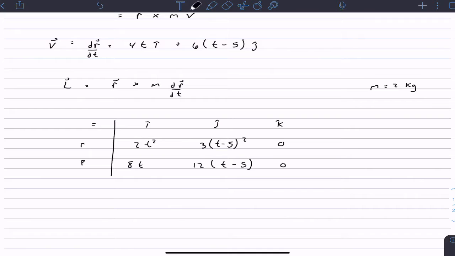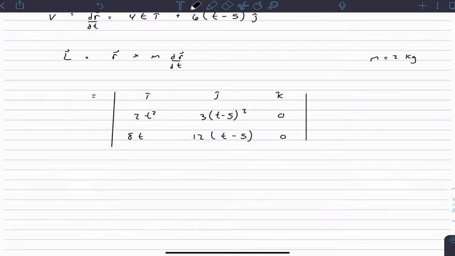Okay, so we take the determinant. We take the cross product. Okay, and then we end up with 2t squared times 12t minus 5 minus, oh, I'm kind of skipping a couple steps. So here, if we wanted to find the i hat direction, we have this times this, minus this times this.